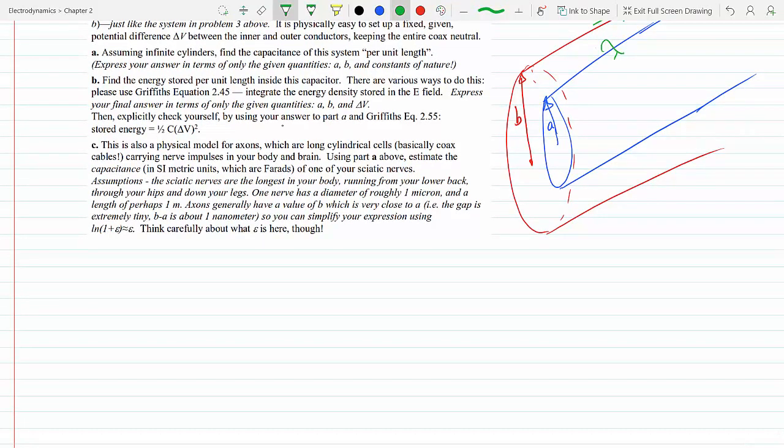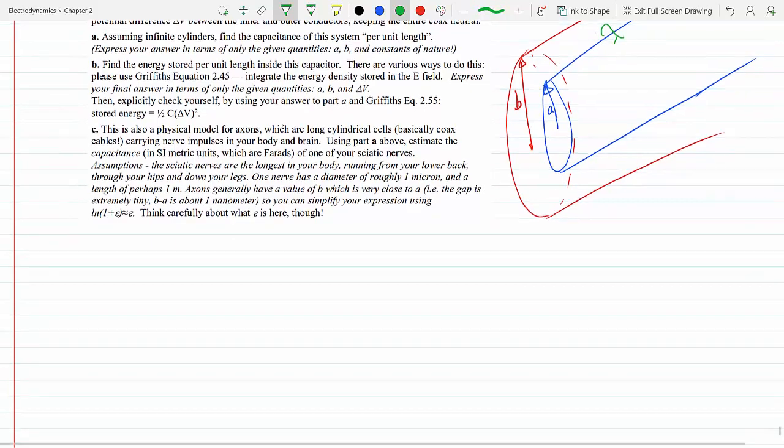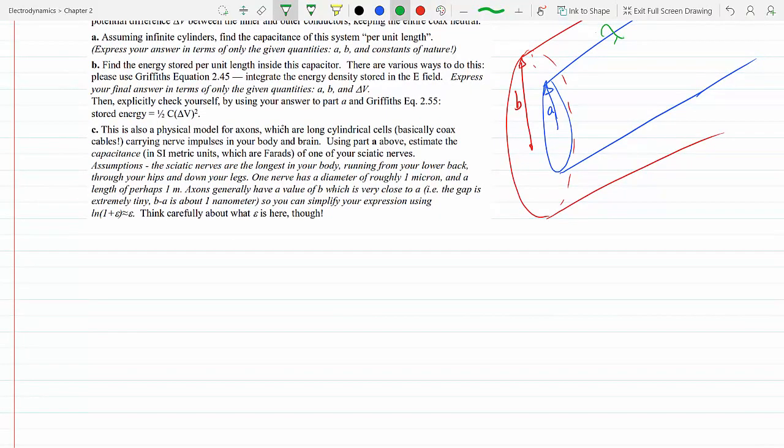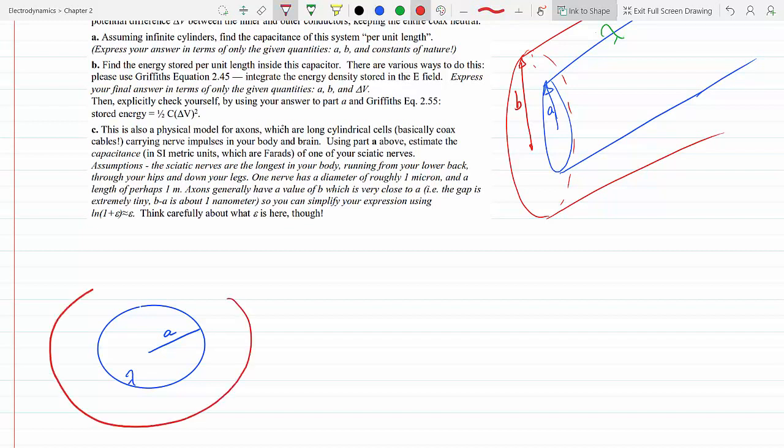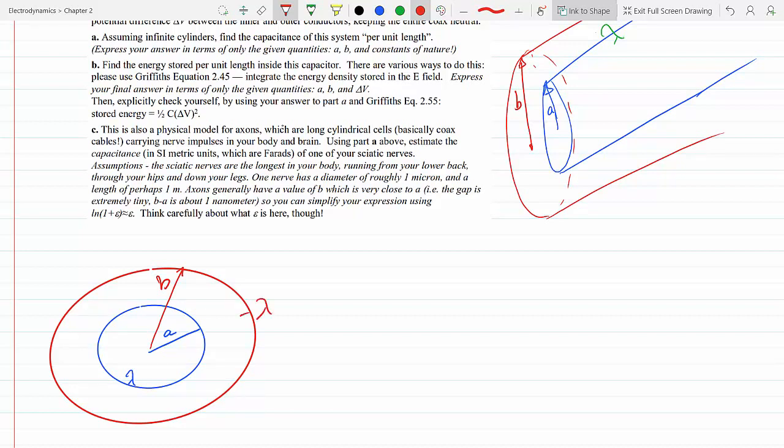So if we take a front view of this thing, this is A with lambda here, and this is B. This is a front view of what we're looking at, and this is B, and there's a minus lambda here, right? And this goes into and out of the page infinitely.